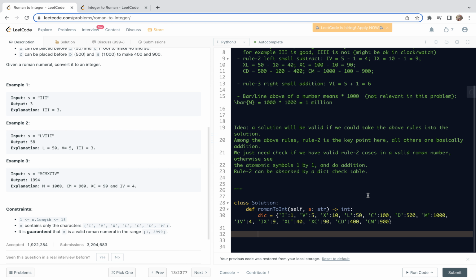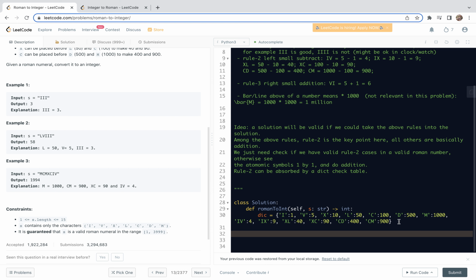For convenience and to avoid mistakes, I copied the dictionary here. This dictionary contains the atomic characters I, V, X, L, C, D, M, and also the cases corresponding to rule 2, so IV, IX, and up to CM.